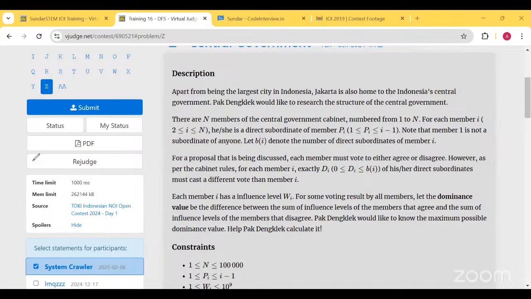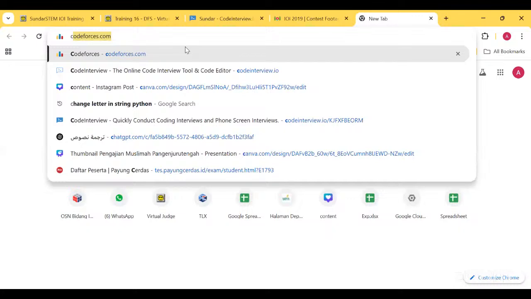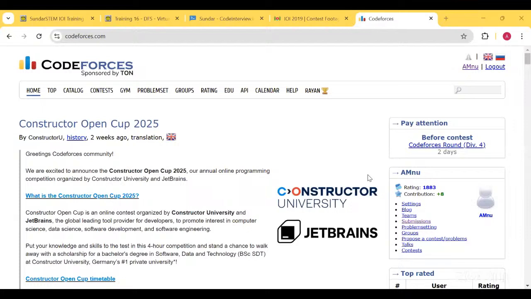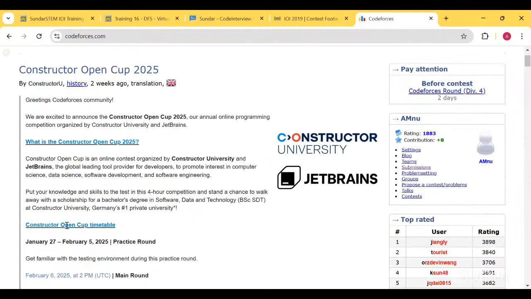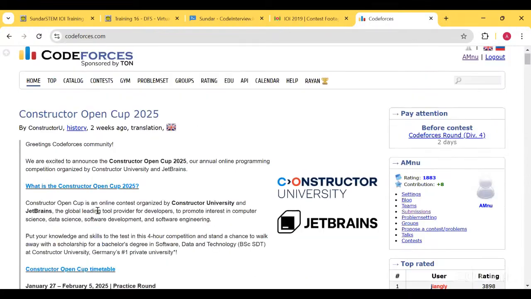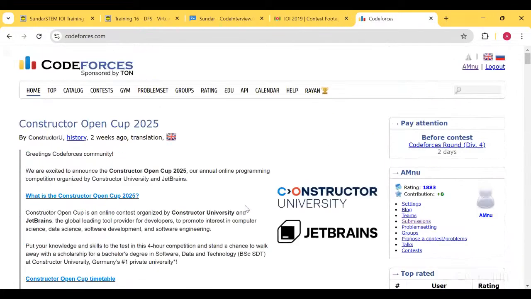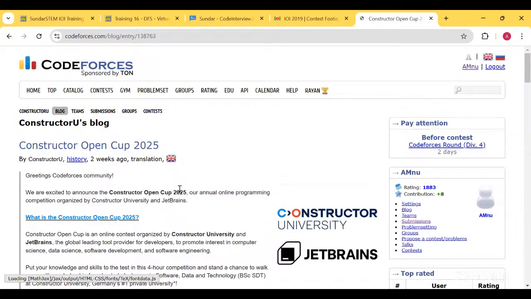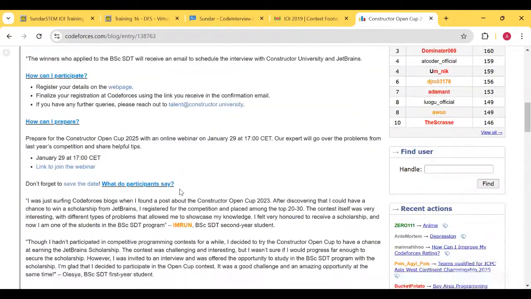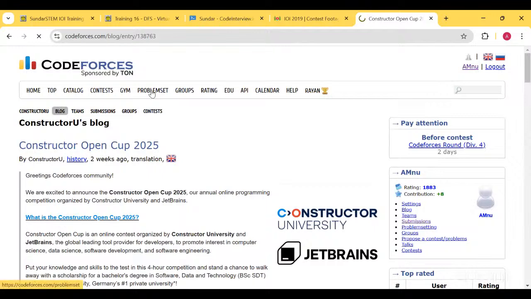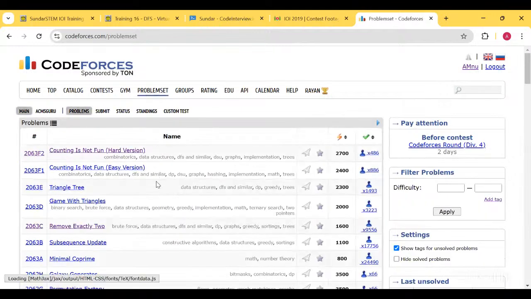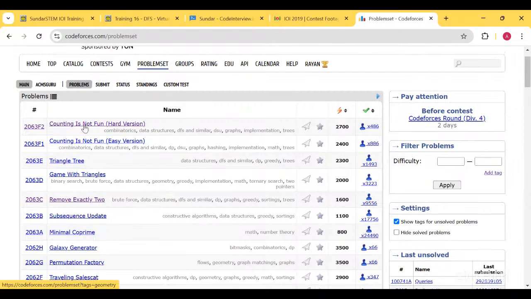Wait, constructor cup. Where is it? Is it in Codeforces? Alright, so I don't participate, but maybe I want to see the problem later. Okay, thank you for the information. Yes. Is this the problem?